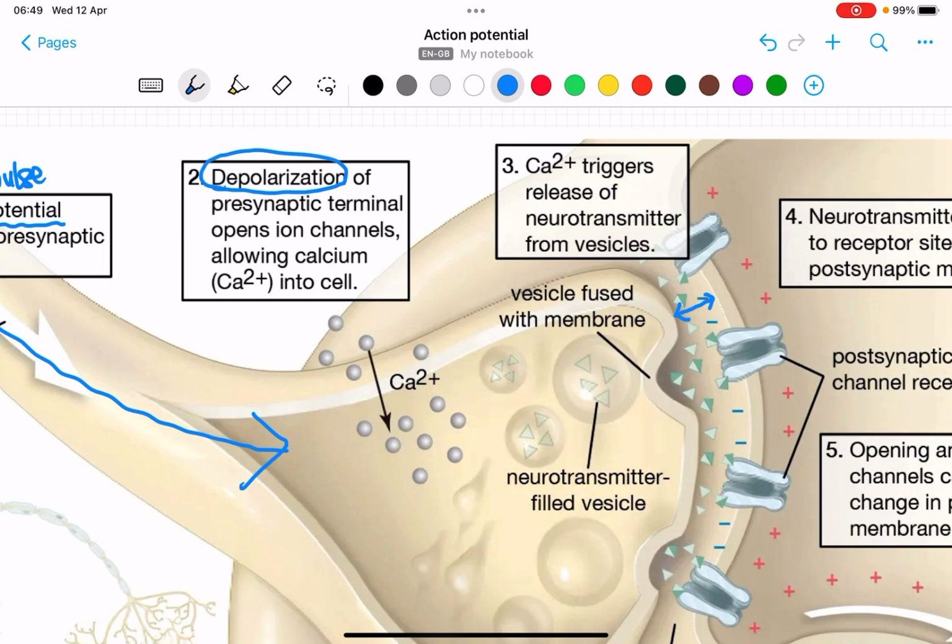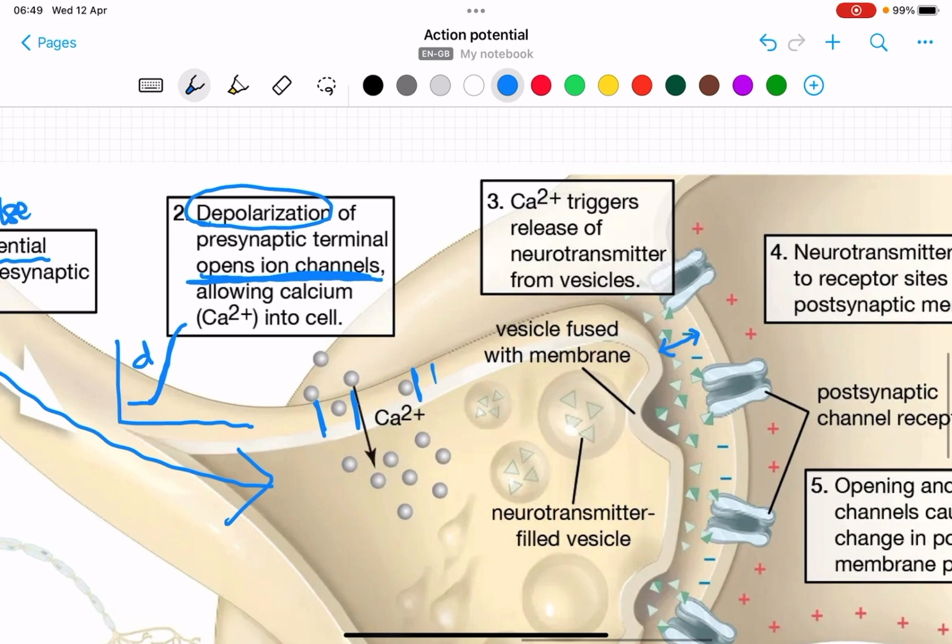Remember the word depolarization. When we talk about the graph, it happens when the graph is increasing. This is the depolarization phase. So what happens is, it's going to open the voltage-gated calcium channels, which are located along the presynaptic membrane.